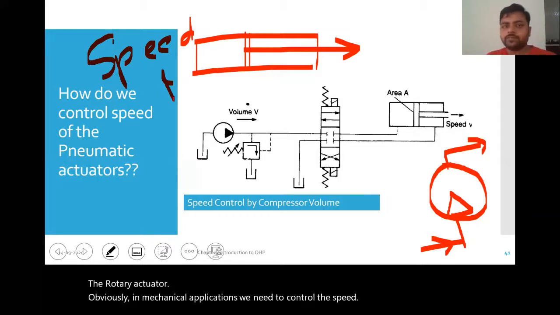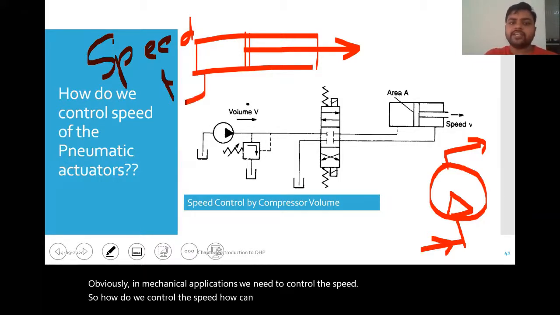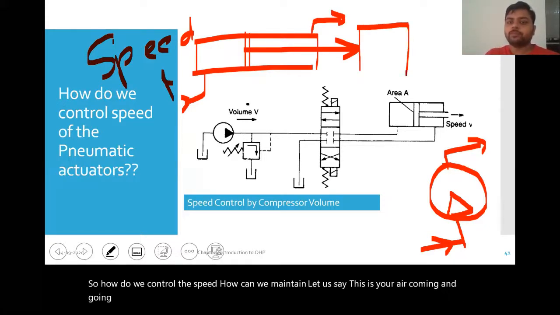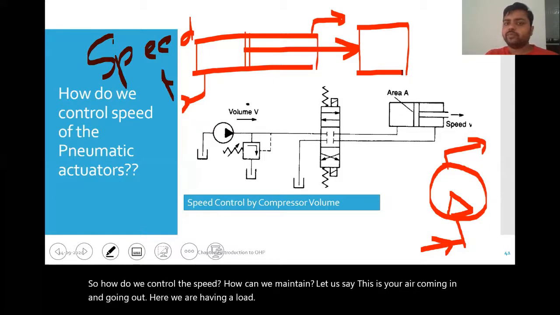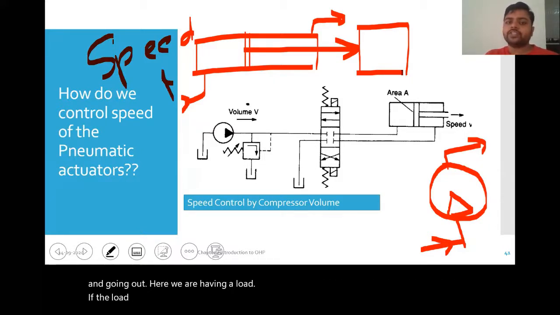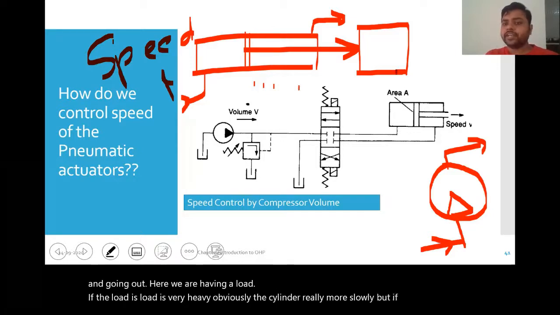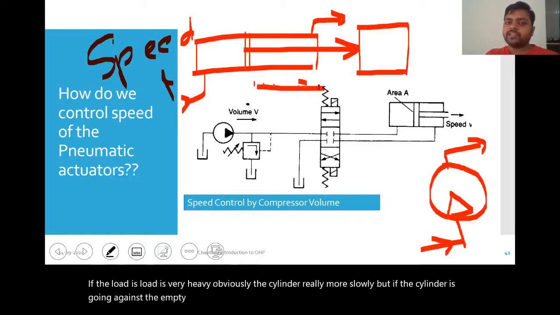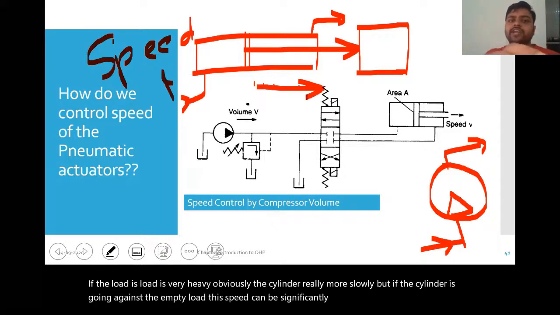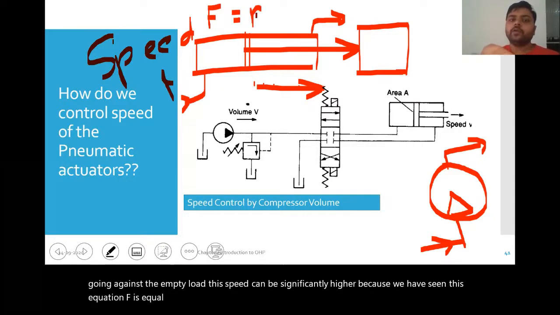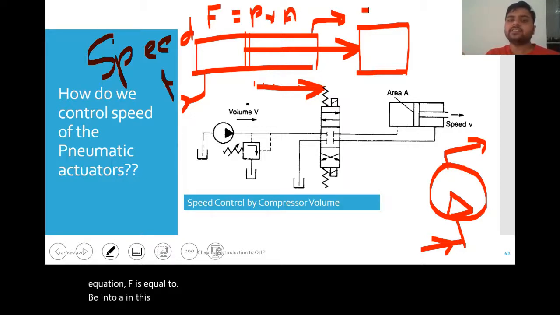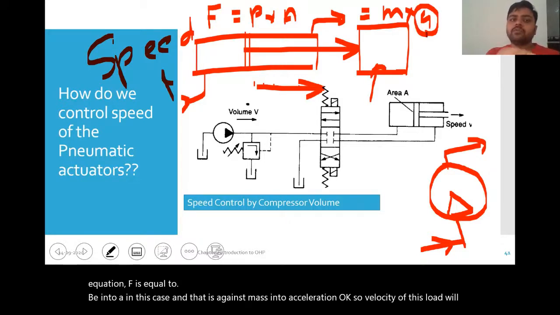So how do we control the speed? Let us say this is your air coming in, air going out. Here we have a load. If the load is very heavy, obviously the cylinder will move slowly. But if the cylinder is going against an empty load, the speed can be significantly higher, because we have seen the equation F equals P into A, against mass into acceleration. So the velocity of this load will depend on the force being produced.